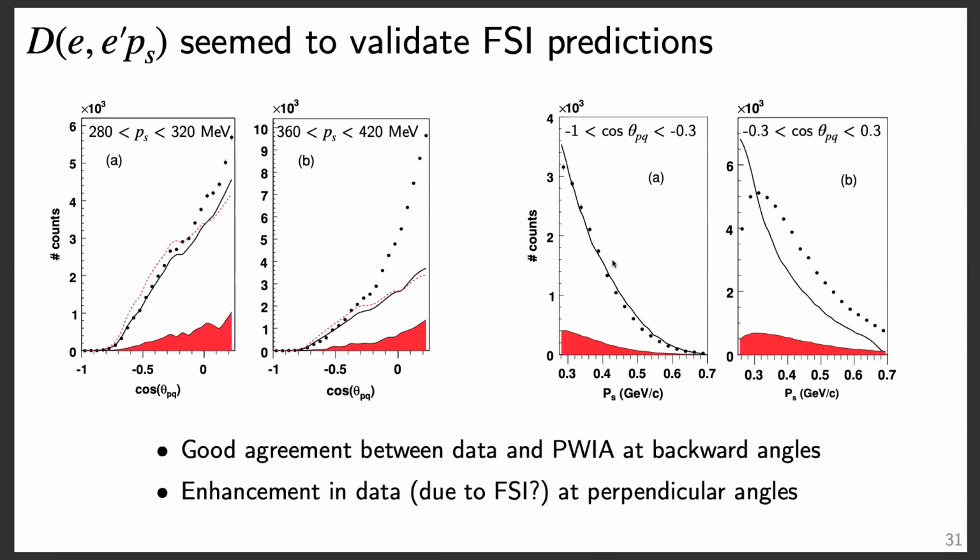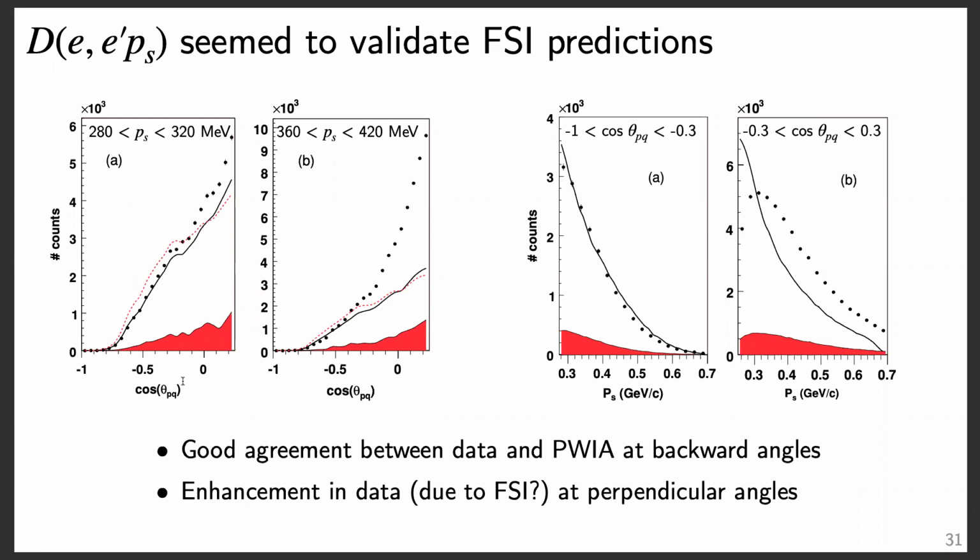One thing that Deeps did look at though was that it seemed to validate what we discussed previously regarding FSI. So what's being shown here is the same data, but shown in 2 different ways. On the left, for a low momentum bin and a high momentum bin, you are seeing the yield as a function of the cosine of theta PQ, which is the angle between the recoil spectator proton and the Q vector.